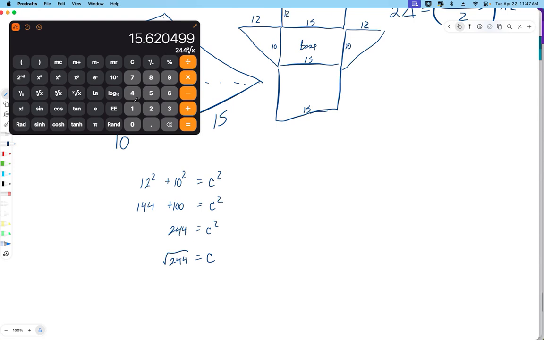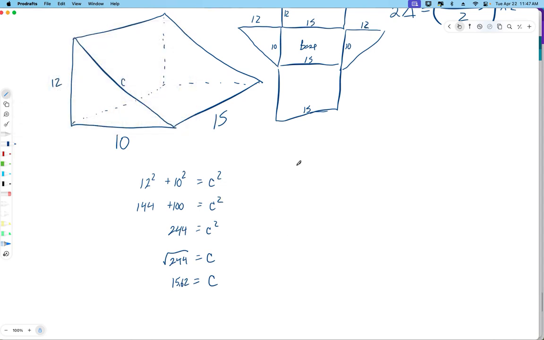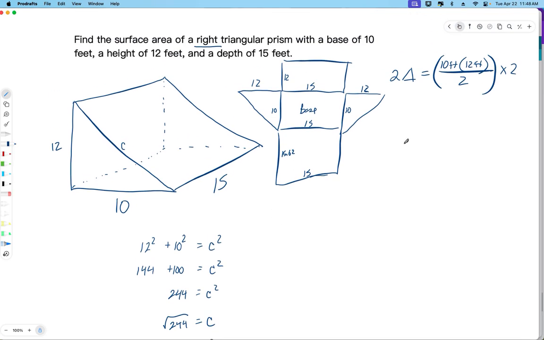And it drops here at the 0. So 15.62. So we're going to use that number as our value, 15.62, for c. All right, so 15.62.